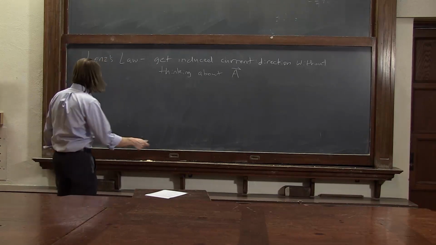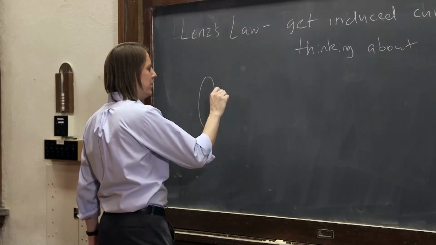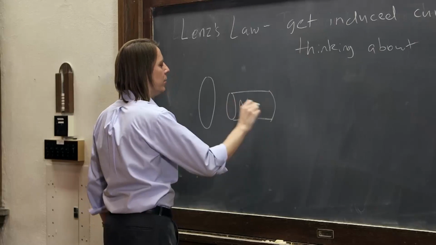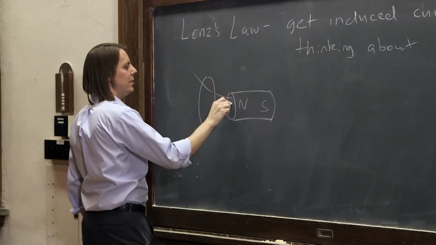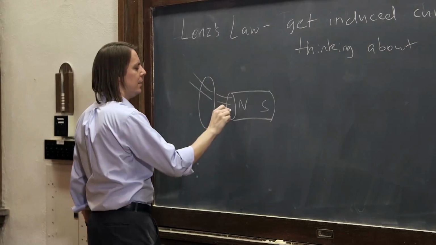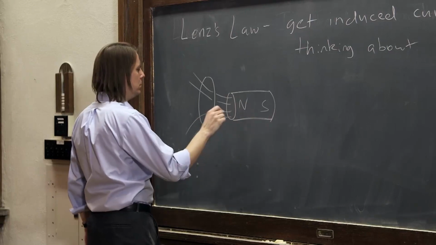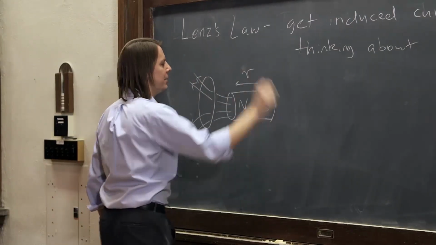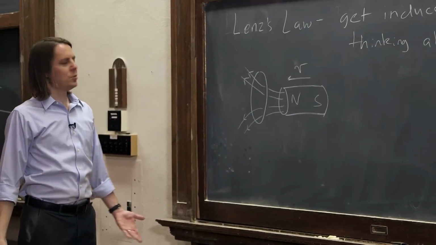So let's do a couple of the old cases that we already did. Here is a wire loop. Here is a bar magnet. North, south, field lines, like that, going out like that, and the bar magnet going like that. So you might just ask yourself, which way is the current going to go?